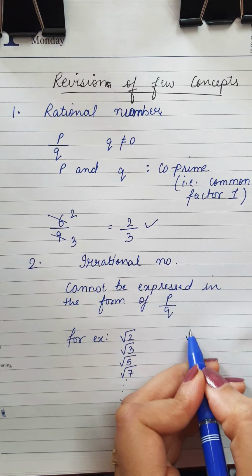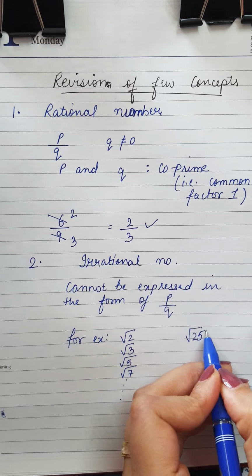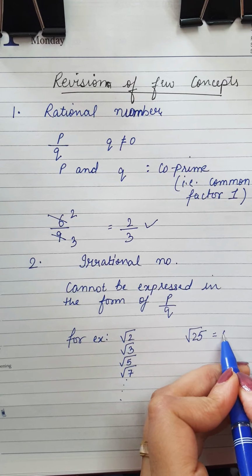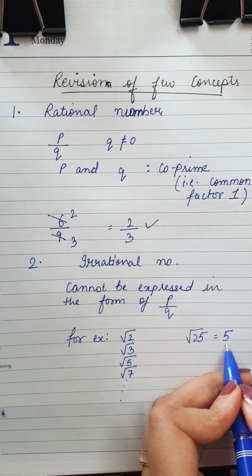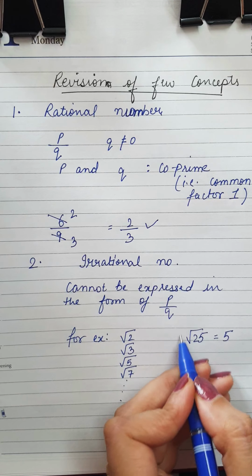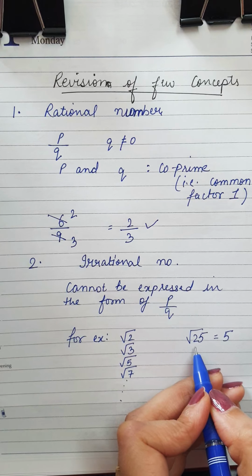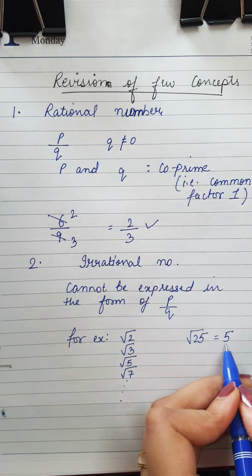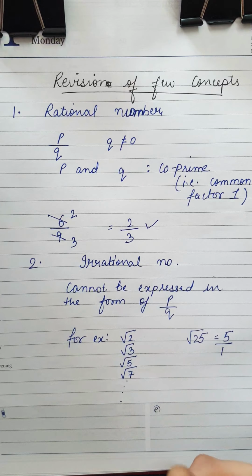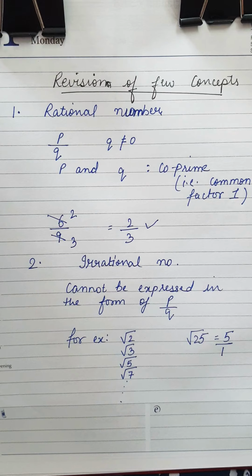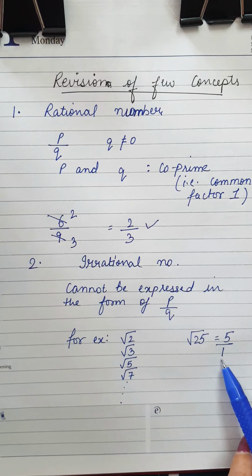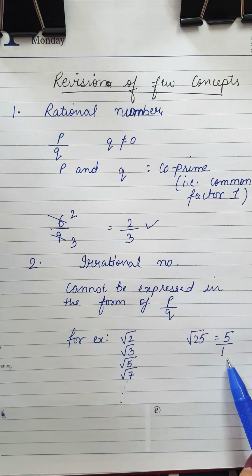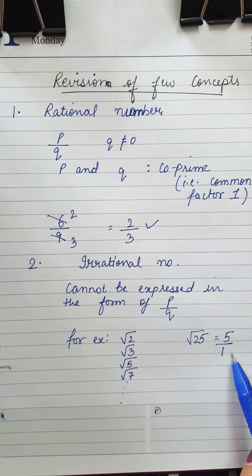If I take under root 25, that means this is a perfect square of 5. So since 5 is a rational number, under root 25 is also a rational number, because after solving I can express this in the form of p by q where the denominator is non-zero and both have common factor 1, so they are co-prime also.